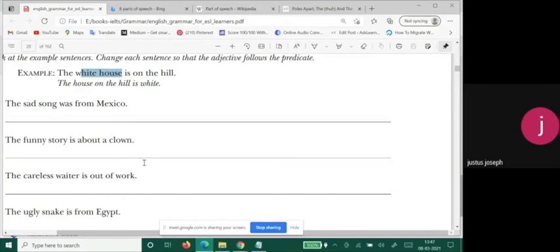The waiter who is careless is out of work. I am saying the out of work waiter is careless. The out of work waiter is careless.